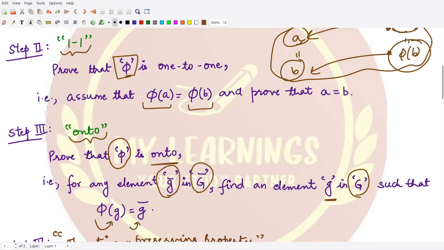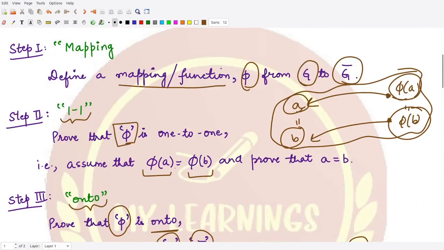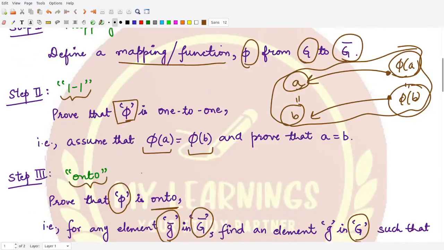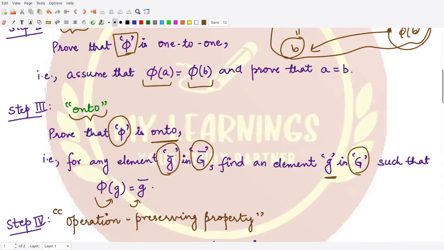These are the normal properties that we were proving from the very starting of mathematics. So we know how to prove a function is 1 to 1, and we know how to prove a function is onto.